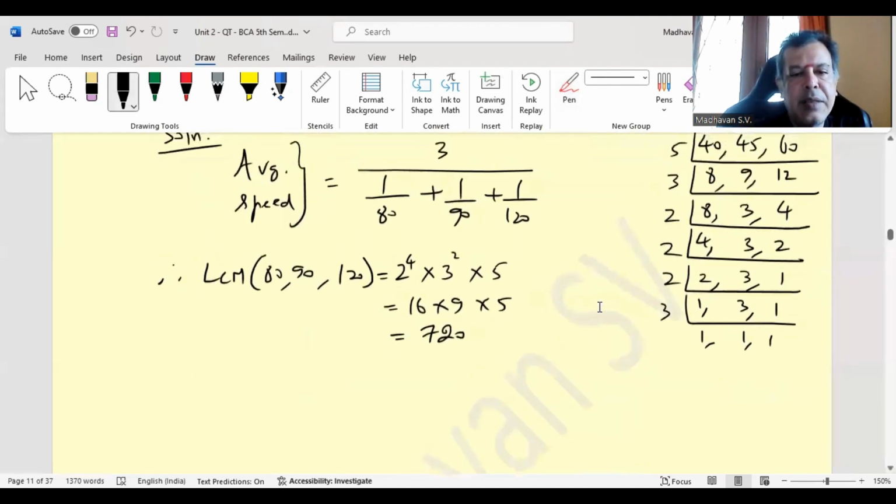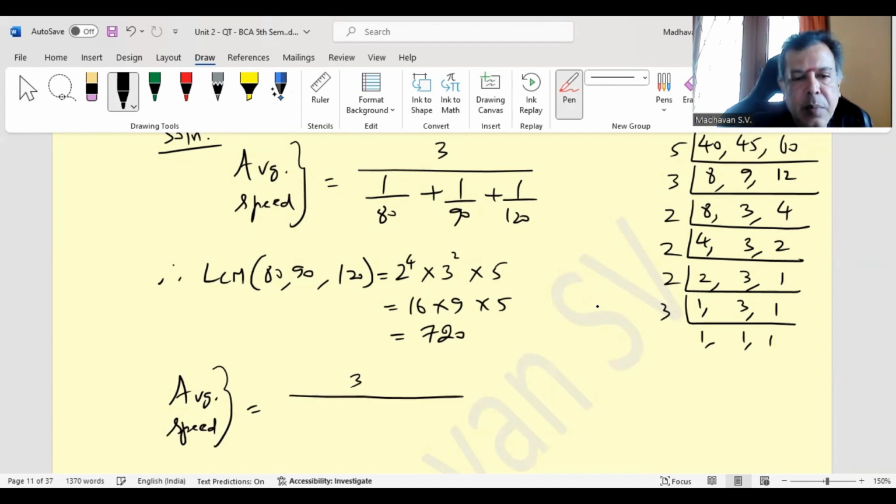Now, average speed equal to 3 divided by LCM 720. So here you will get 9, here you will get 8, here you will get 6.